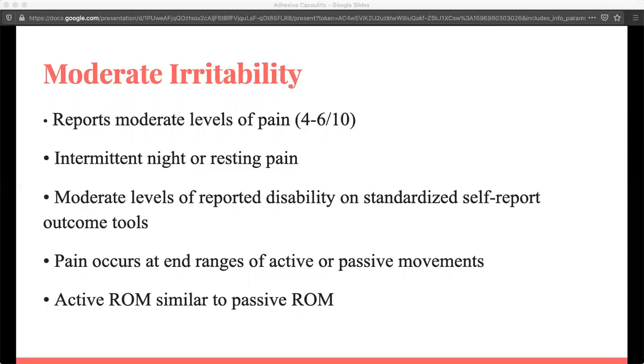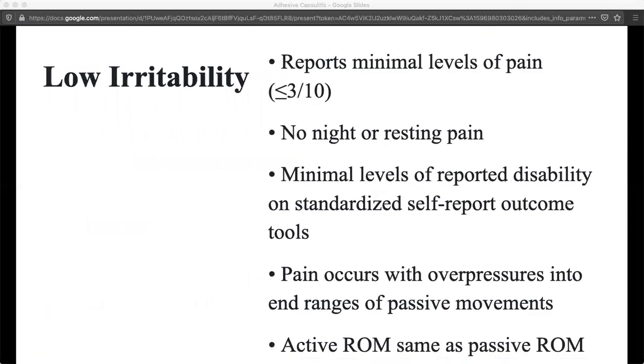It's only when they reach that end range extension or end range external rotation or end range internal rotation. And active and passive are almost similar. Low irritability, again low, less than 3 on 10, no night or resting pain, minimum QuickDASH scores. Pain is only with overpressure into the end range of passive movements, and active and passive range of motion are almost similar.